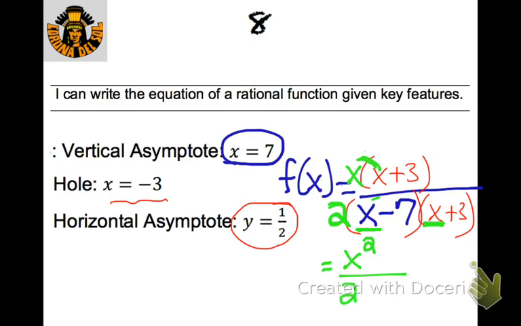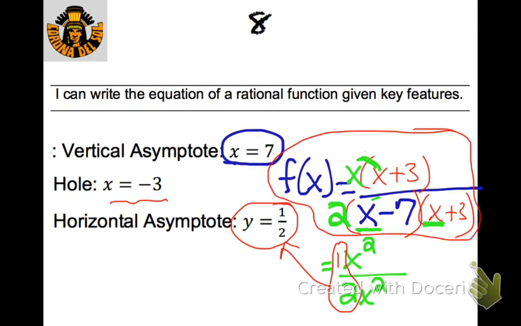Then this bottom part, at least the leading term would be 2x squared on the bottom. And then you could tell that the fraction in front would be 1 over 2, which would get you that horizontal asymptote. So this is your function that would meet that criteria.